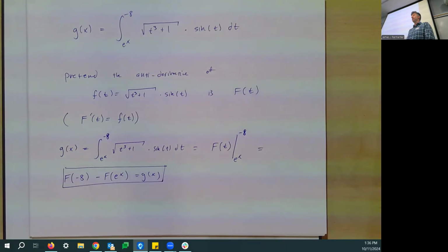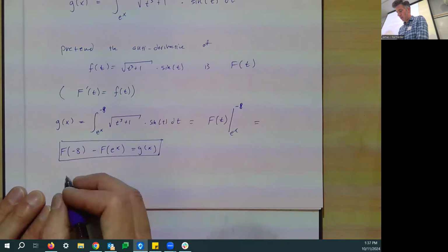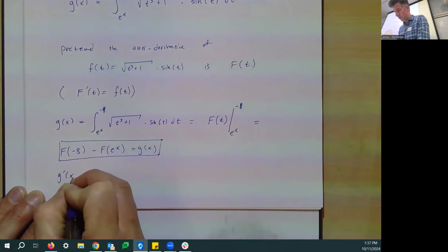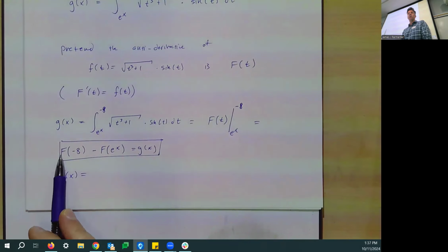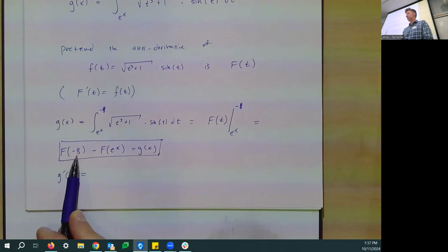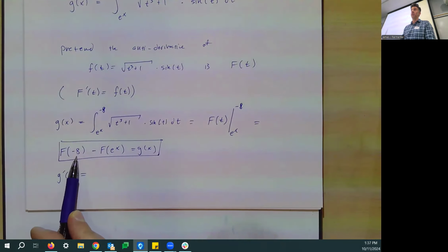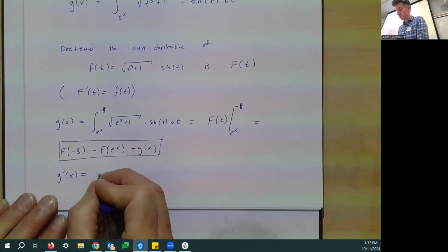And now they're probably asking us to find the derivative of this. Right? That's what these fundamental theorem of calculus part 1 questions are almost always about. Find the derivative of this funky looking antiderivative. So here, if I start trying to find the derivative of g, F is some function. I plugged in a constant. I got out some number. And the derivative of some number is 0.